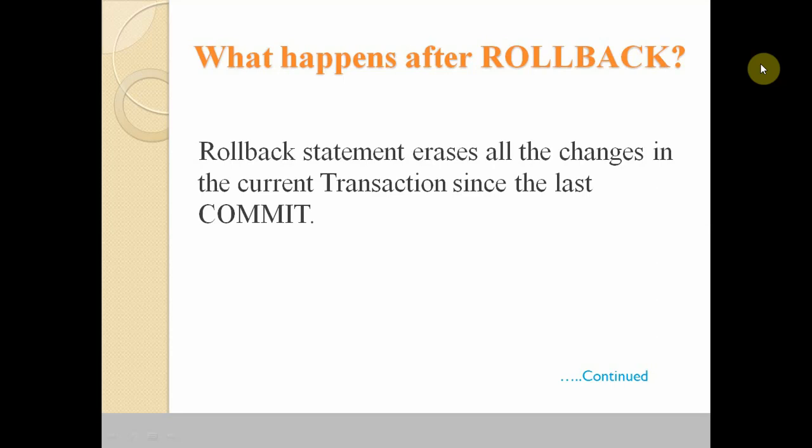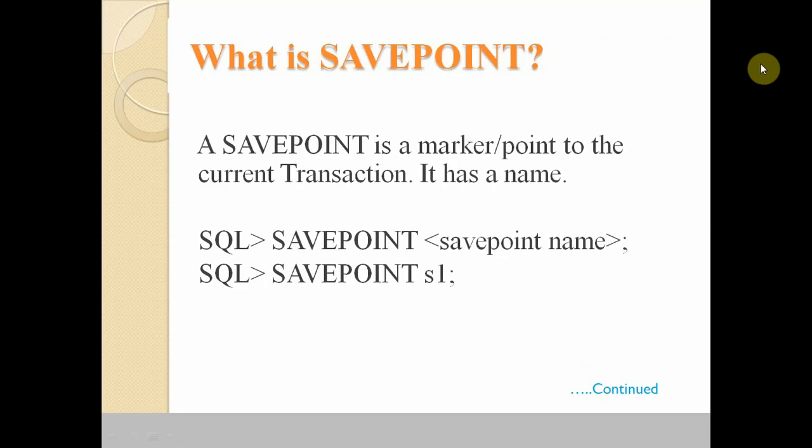Okay, next, what is a SAVEPOINT? A SAVEPOINT is a marker or point in the current transaction. In a PL/SQL block there are multiple statements, PL/SQL statements and SQL statements together. So in any block of a transaction, whenever we issue a SAVEPOINT, it marks or points to the current transaction and it always has a name.